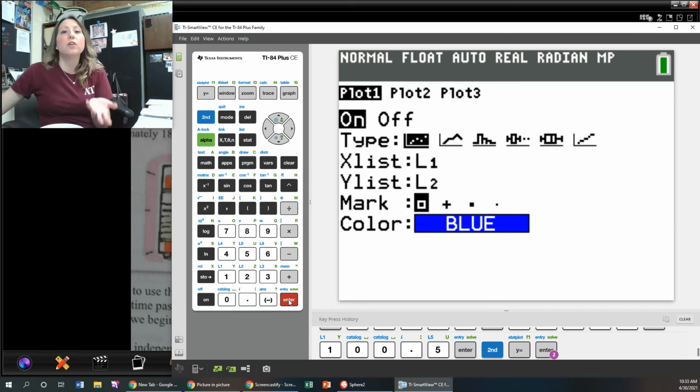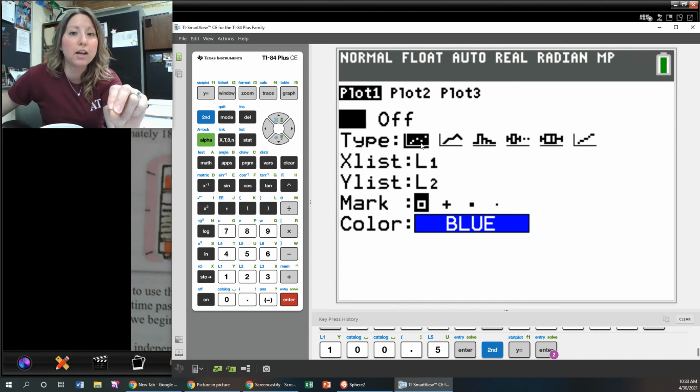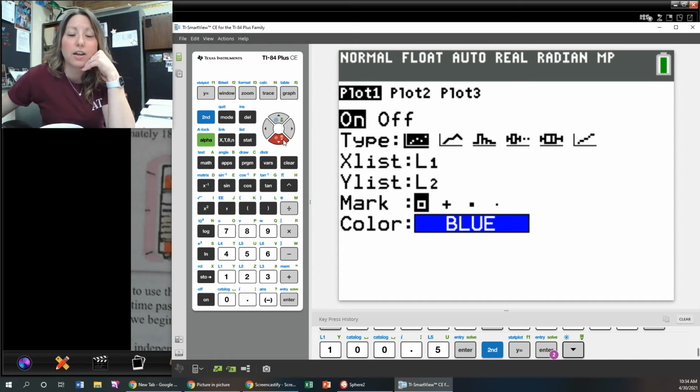The beauty of this is that type 1 under my stat plots is a scatter plot, so if that's what I want to make, it's already highlighted. The other great thing is I did put all my X values in L1 and all my Y values in L2, so I don't need to change anything below it either. All I need to do is make sure that I'm not looking at a standard XY coordinate plane.